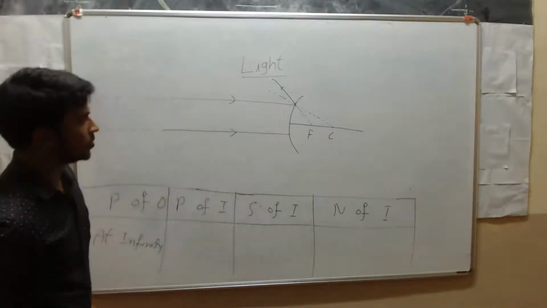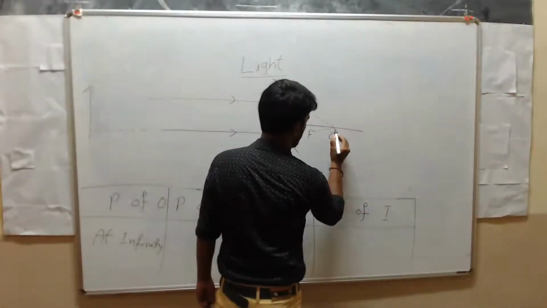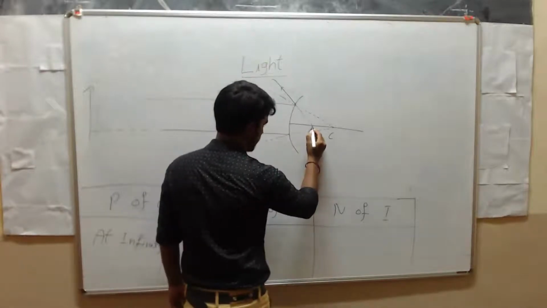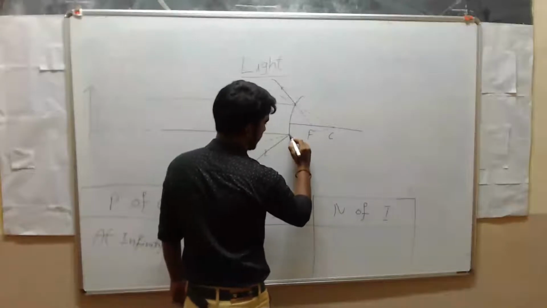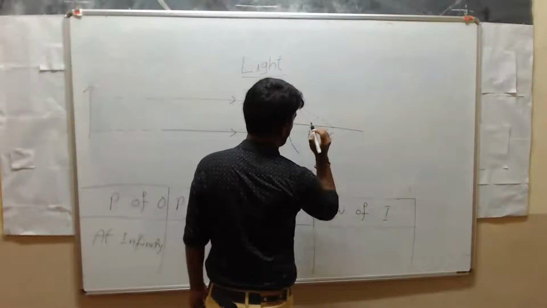Now here also draw the normal from the center of curvature. After reflection, it reflects like this, and if you extend this line, this reflected ray also passes through the principal focus.